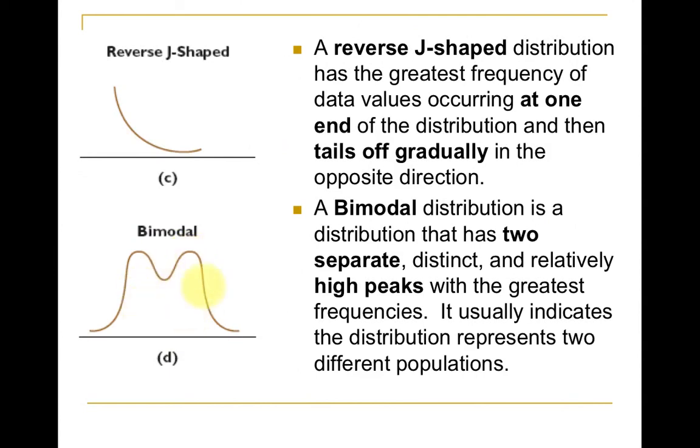Now, if we put them all in the same distribution, male and female, we would produce this bimodal looking distribution that would indicate two peaks for two different high frequencies.